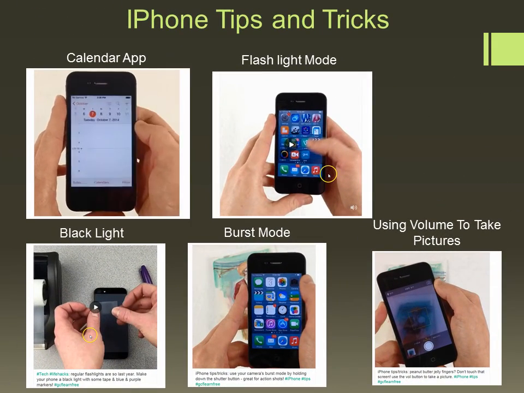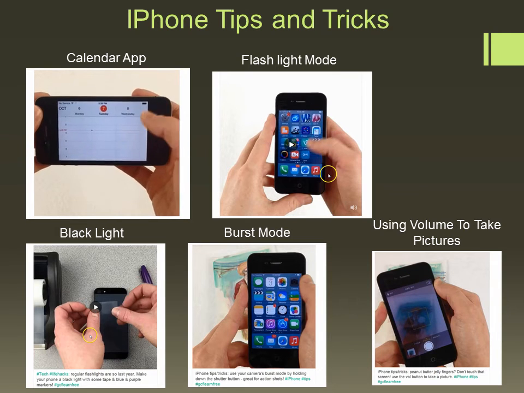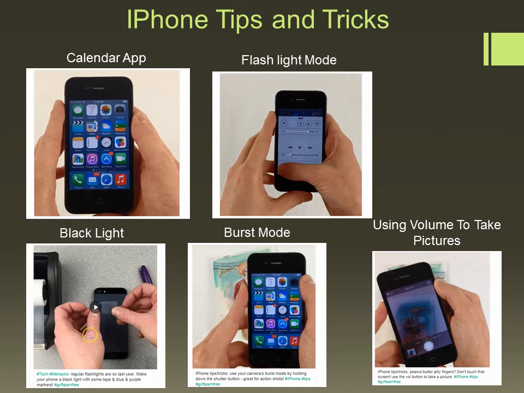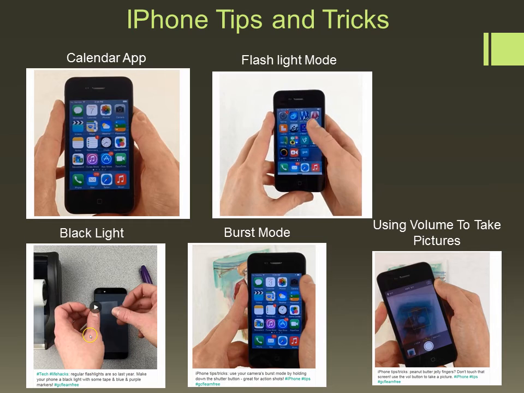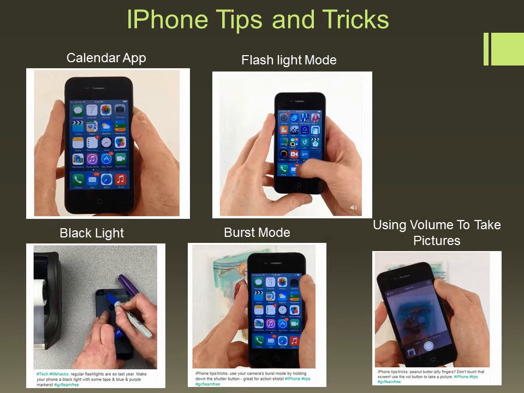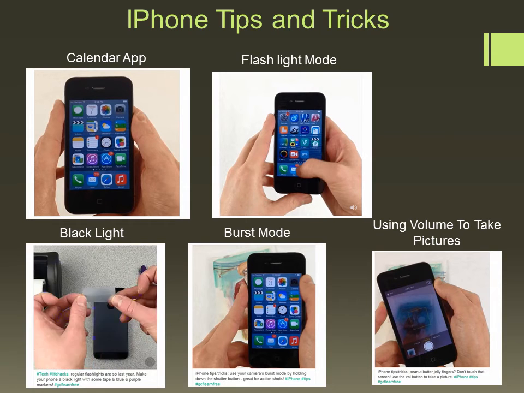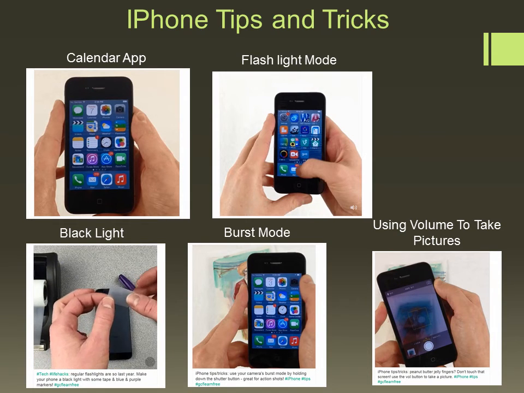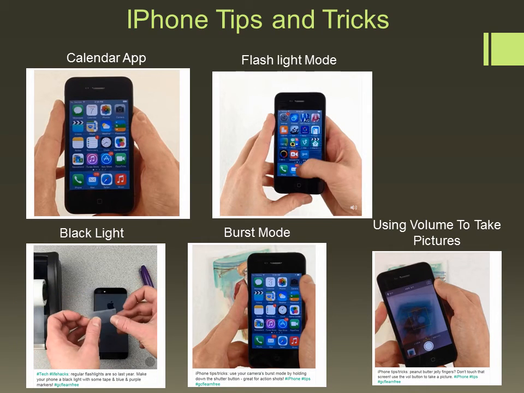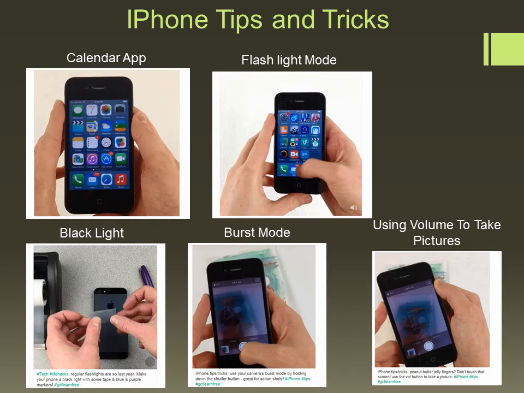In the Calendar app, switch to Landscape View to view a full 5 days. To take pictures in burst mode, just hold down the shutter button.